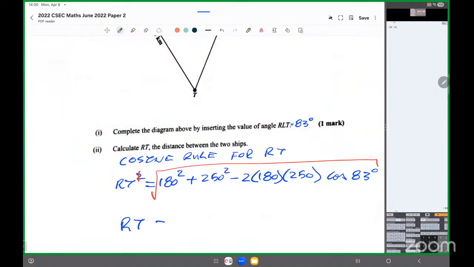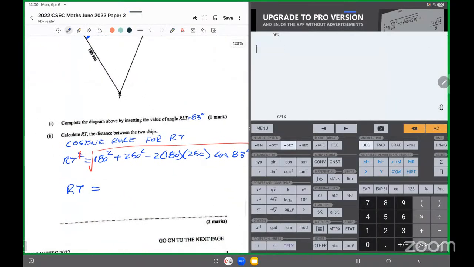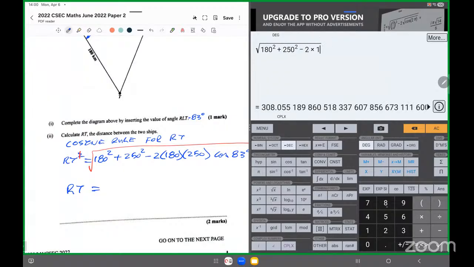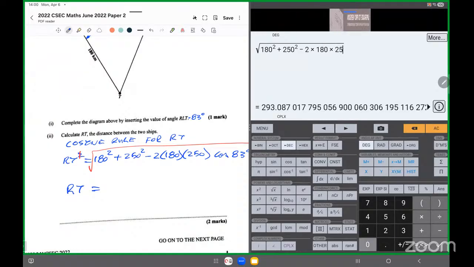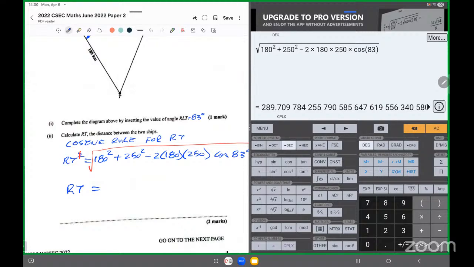So we'll do the calculation in one step and put everything in the calculator one time. RT equals the square root of 180 squared plus 250 squared minus 2 times 180 times 250 times cosine of 83 degrees.